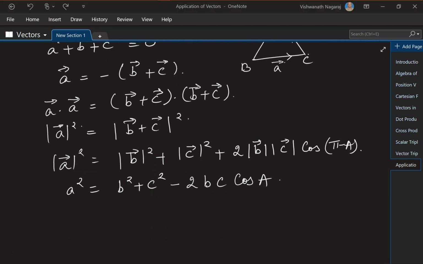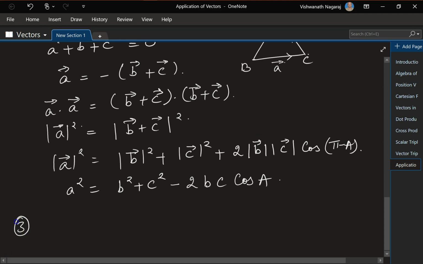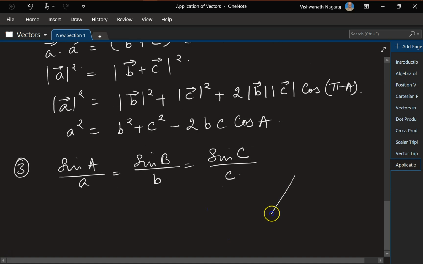Now let's look at another one. Let's say we have to prove sin A by a, sin B by b and sin C by c are equal. So let's say this is the triangle, in a triangle ABC.